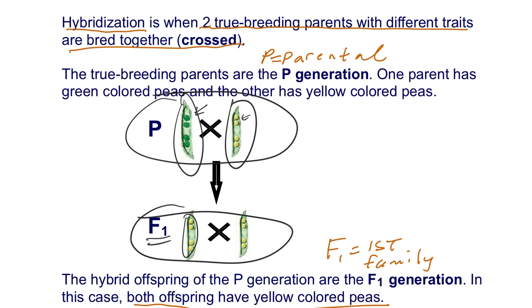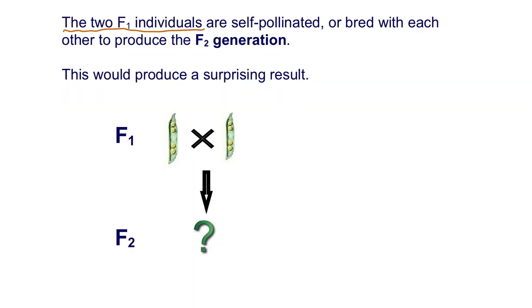In this case, what happened was you don't get a mixture of green and yellow peas. You got all yellow peas, no green peas at all in the first F1 generation. That's kind of weird. What happened? Then he took two of those and cross-pollinated them. Remember, these are the children of a cross between a green and a yellow seed plant.